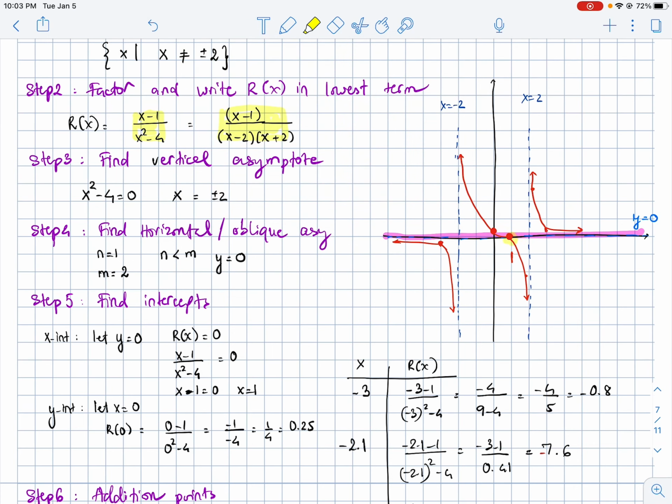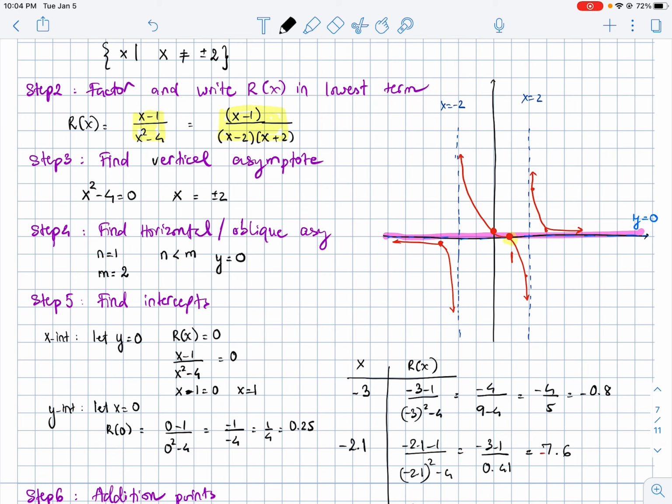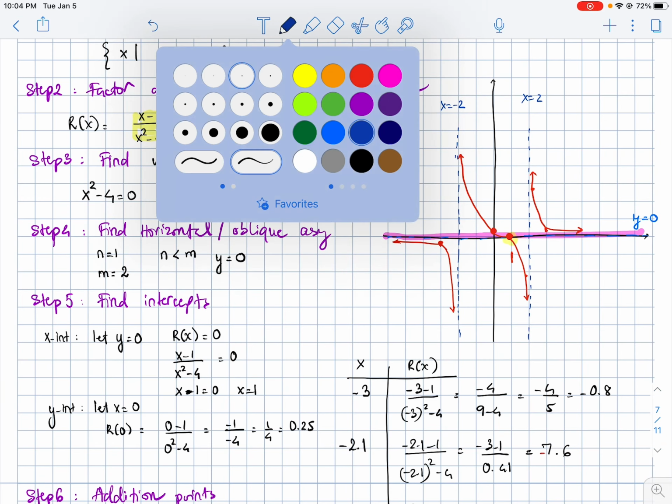So that point is the x-intercept, and the graph is on the line y equals 0, and it is also the x-intercept. So actually our graph has already touched the horizontal asymptote. Okay, so if you want to be careful, you can solve, but actually you don't have to. But you can solve for this equation.